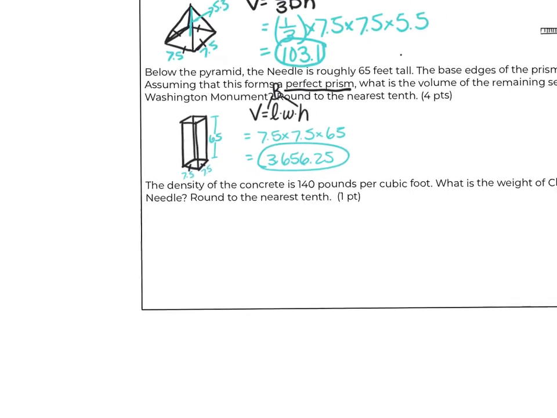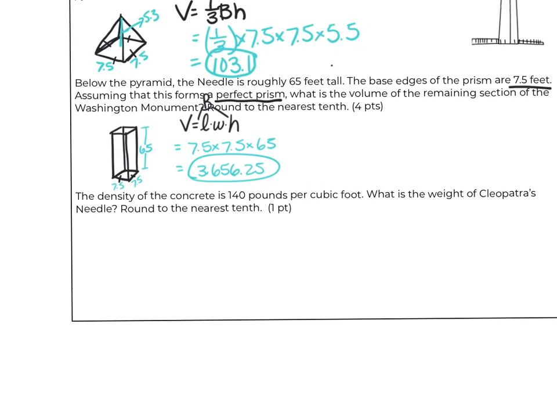All right, and this last one is kind of combining composite with the density questions that we did above. So first thing we need to know is they are wanting the whole thing. So I'm going to add our two volumes up, so 103.1 plus 3,656 point, oh, I was supposed to round that, so 0.3, make that 0.3 up here, 2.5 became 3.